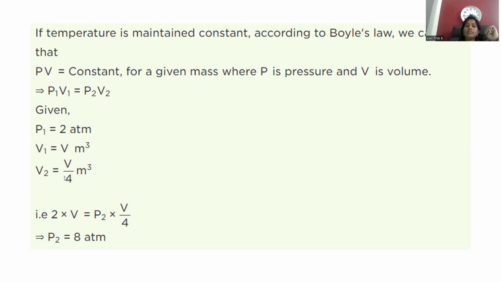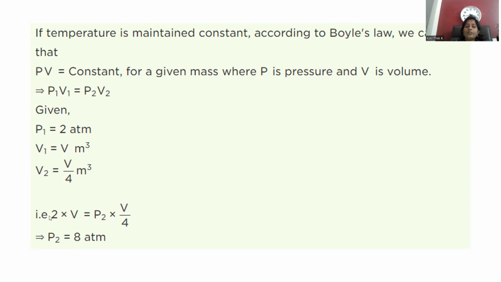Let me apply all these values in the equation. P1 V1 is equal to P2 V2. The initial pressure is 2, so let me mention 2. V1 is taken as V, so 2 into V is equal to P2, which is to be calculated, into V2, whose value is V by 4. Left side volume is there, right side volume is there, so both get cancelled out.